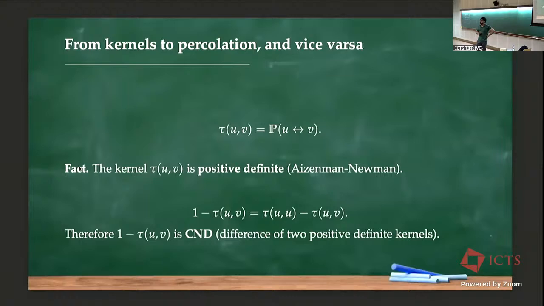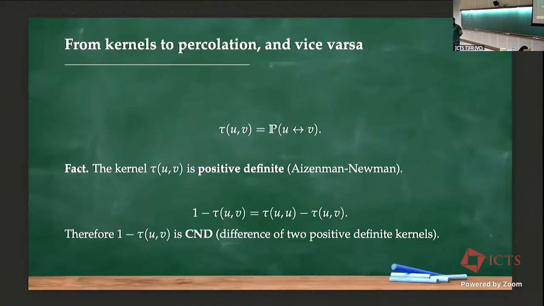That's just a one-line computation that you can assign to your students. And now the function that is going to be very important for us is 1 minus tau, the probability that u and v are not connected.